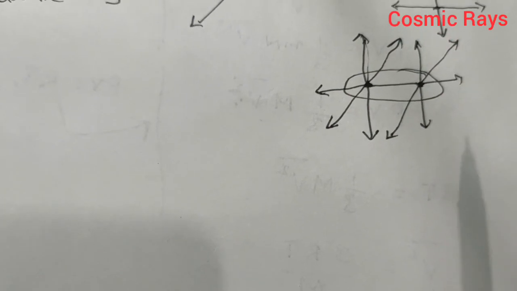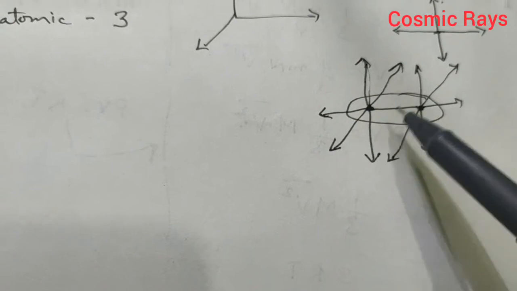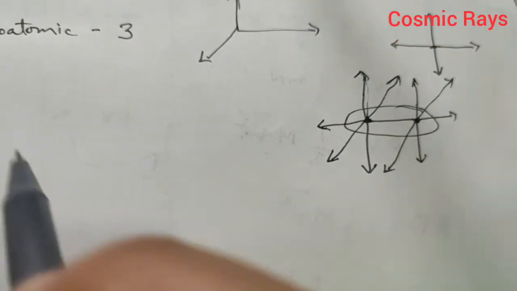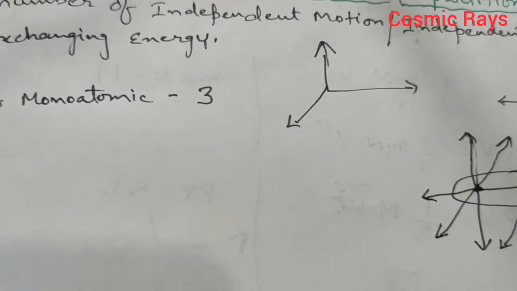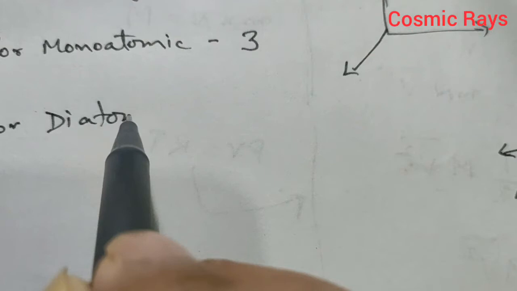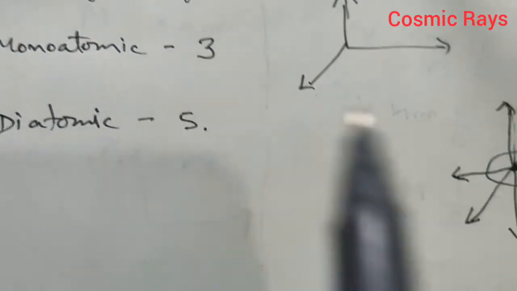So in this case, here the degree of freedom would be 1, 2, 3, 4 and 5. So for diatomic, the degree of freedom is 5.